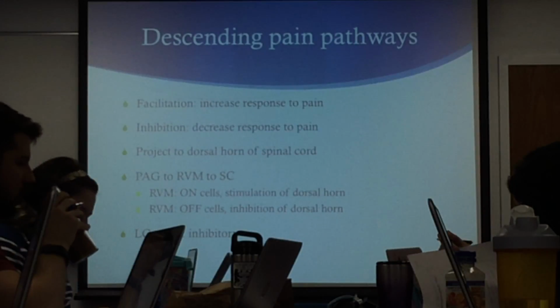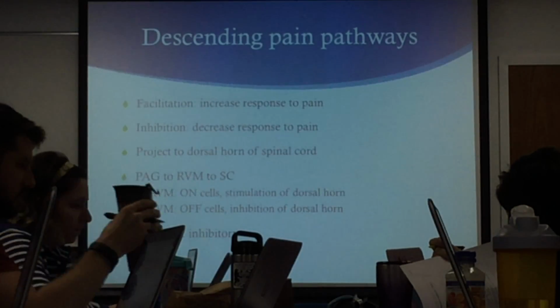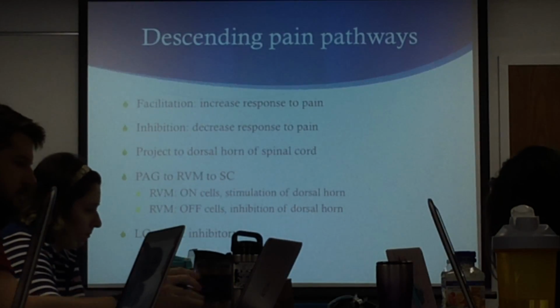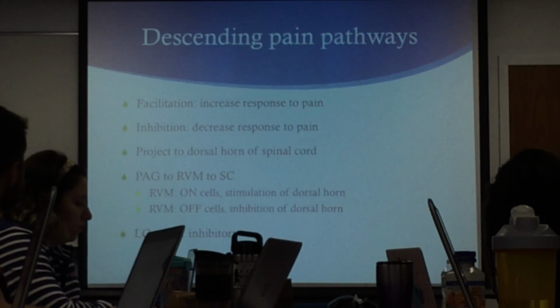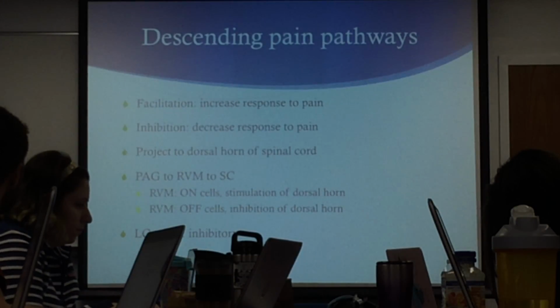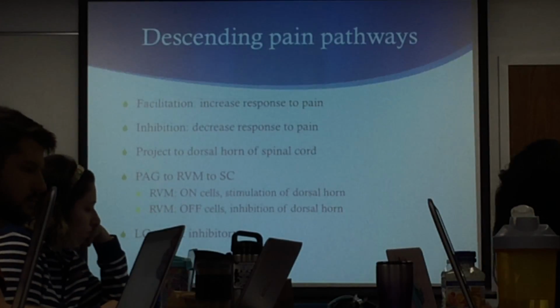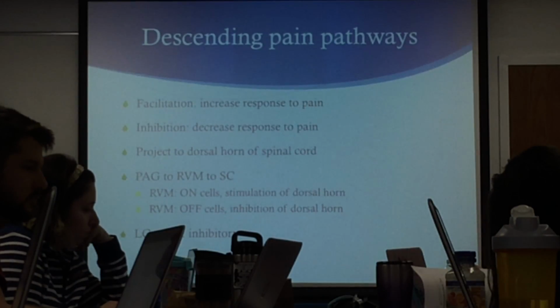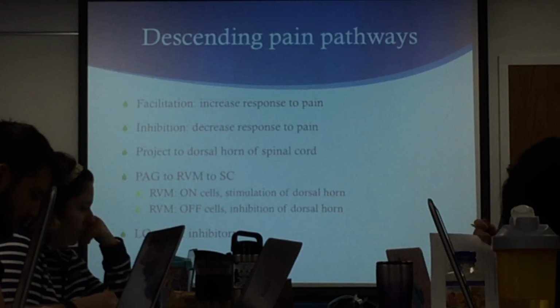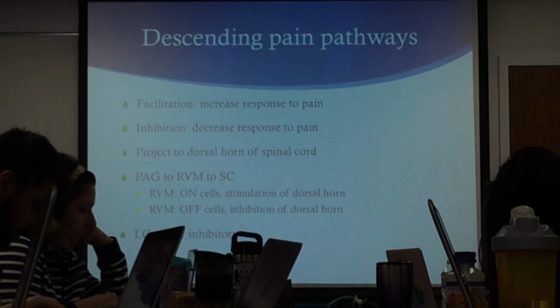They facilitate that transmission. There are other cells in the RVM that, if you stimulate them, do the exact opposite. They inhibit the dorsal horn of the spinal cord, so they mitigate those incoming pain signals. The other pathway comes from the locus coeruleus in the brainstem, and it's inhibitory through norepinephrine-mediated effects.